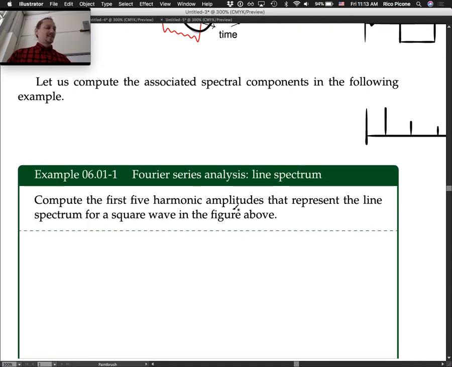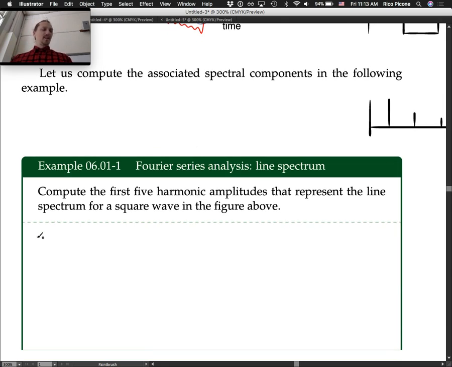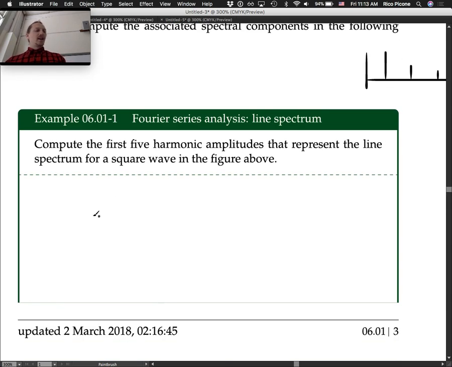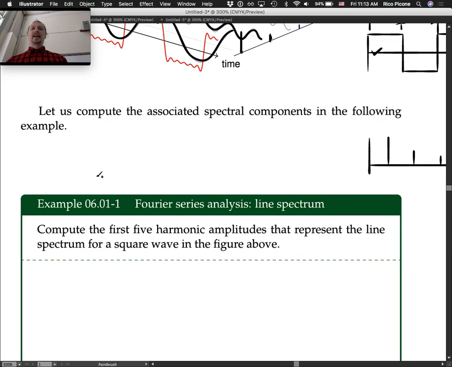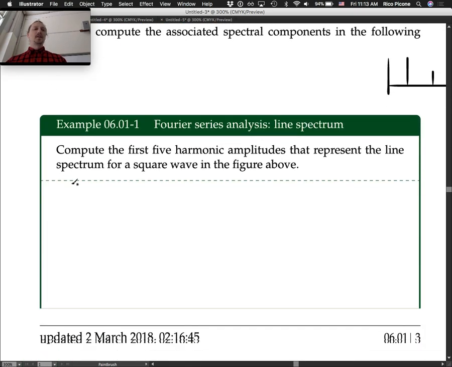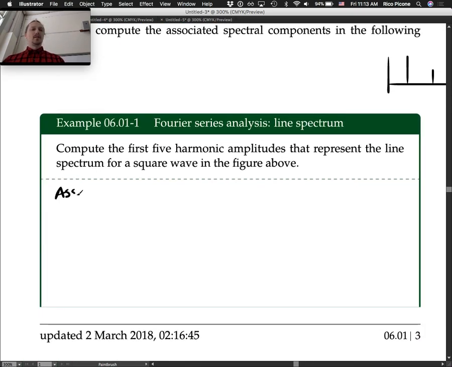Because we can. Okay, so I didn't say what the amplitude of the square wave was, so let's assume a square wave amplitude of 1.